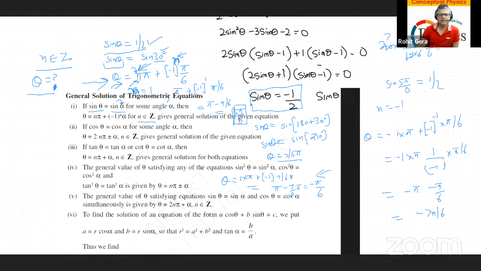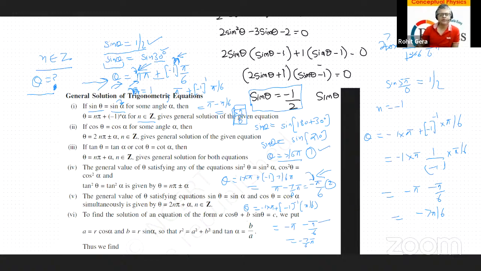So एक ये आ गया सोल्यूशन, दूसरा ये आया. अब मैं theta की -1 डाल रहा हूँ वैल्यू. Theta is equal to -1 into pi plus -1 raised to power -1 into pi by 6 is equal to -pi by 6 is equal to -7 by 6 pi. वन मोर वैल्यू, एक ये आ चुकी थी, एक ये आ गई, एक वैल्यू और आ गई.